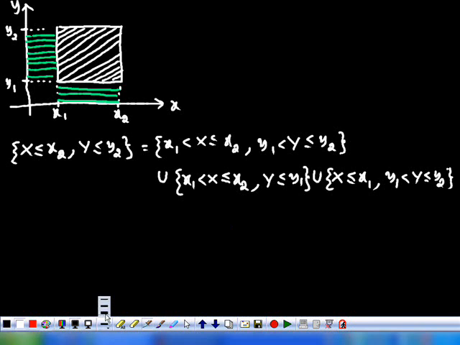And one more is there, this region, which is the union of x less than or equivalent to x1 and y less than or equivalent to y1. Is it clear? This joint event can be written as a union of these events.